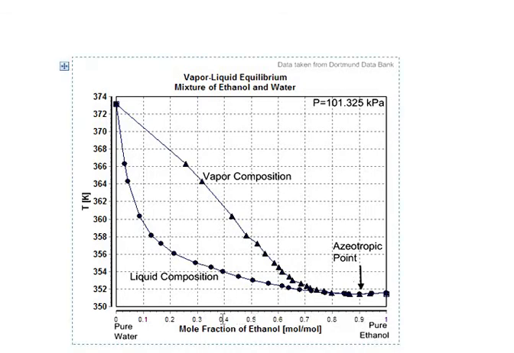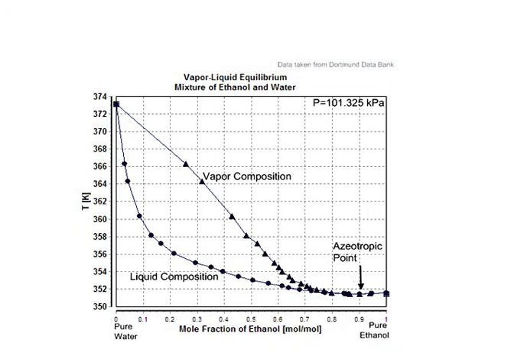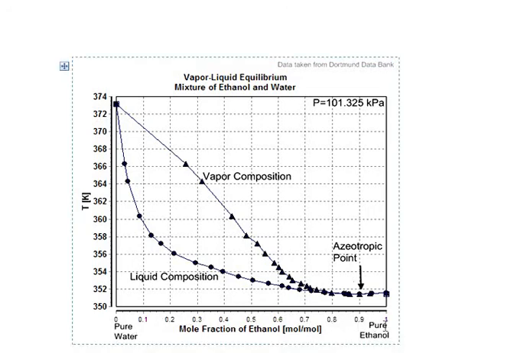As we can see from this, the concentration of ethanol increases from left to right, which is why we have pure ethanol here with 0 water and pure water here with 0 ethanol. And of course, the values here represent the mole fraction of ethanol in mole per mole. And this is the plot of the vapor, and this is what the phase diagram plot actually looks like.